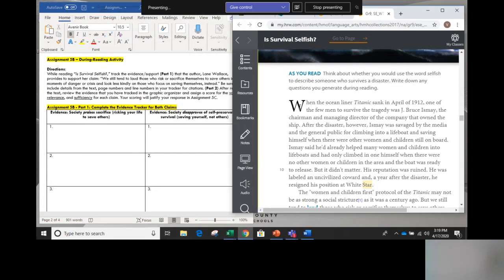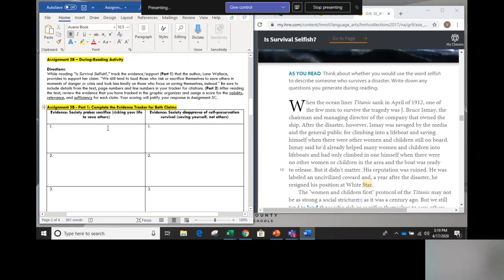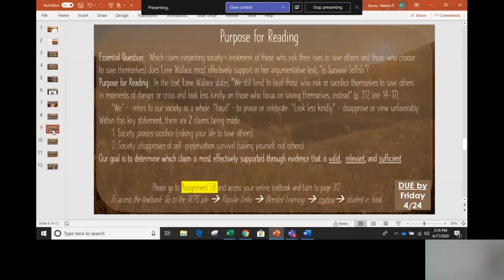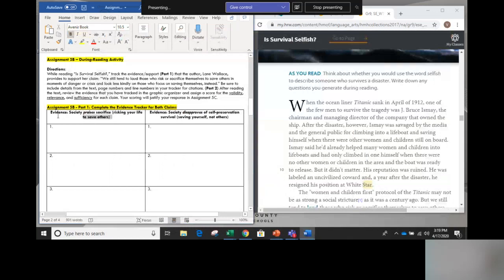Okay. So I'm just going to keep that on this side and have my text on each side. So we're just going to read through this, and I'm going to show you here that each box here, remember the two claims that we talked about. Let's just pull this back up. The two claims: number 1, society praises sacrifice; number 2, society disapproves of self-preservation in terms of survival. Okay, so we have society praises sacrifice.